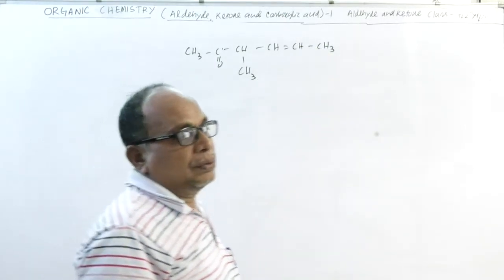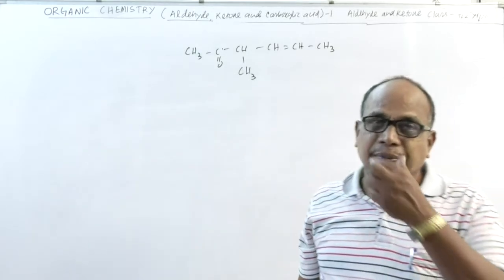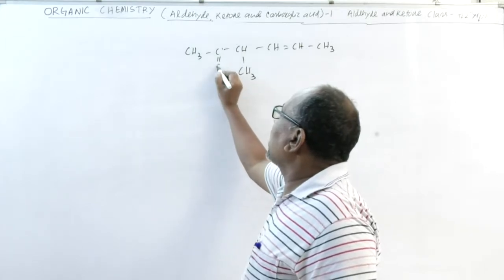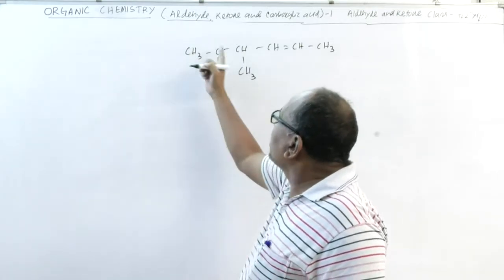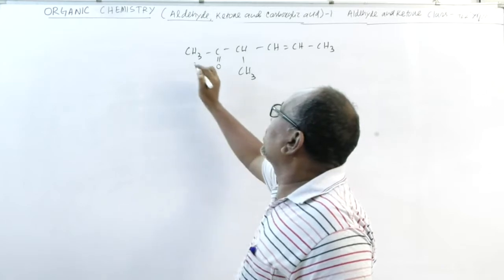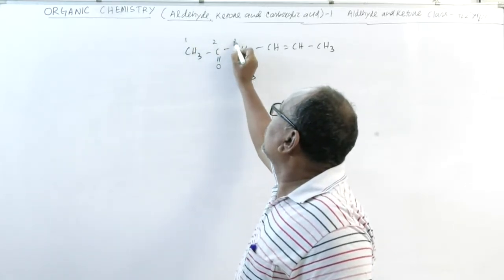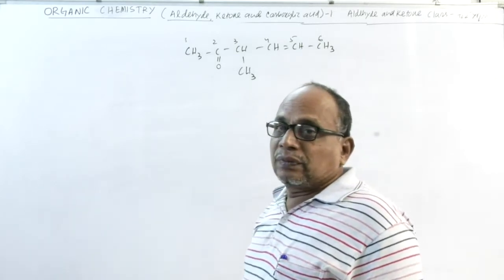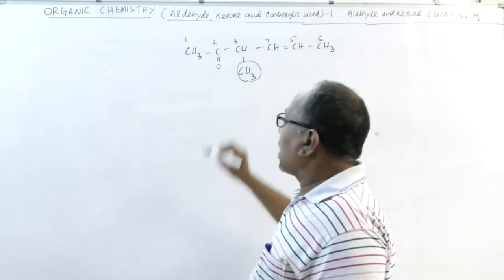This is a ketone. We name it in the IUPAC system. The keto group is at the second carbon atom, so you number from the side nearest to the ketone group: 1, 2, 3, 4, 5, 6. And the substituent is at carbon number 3.